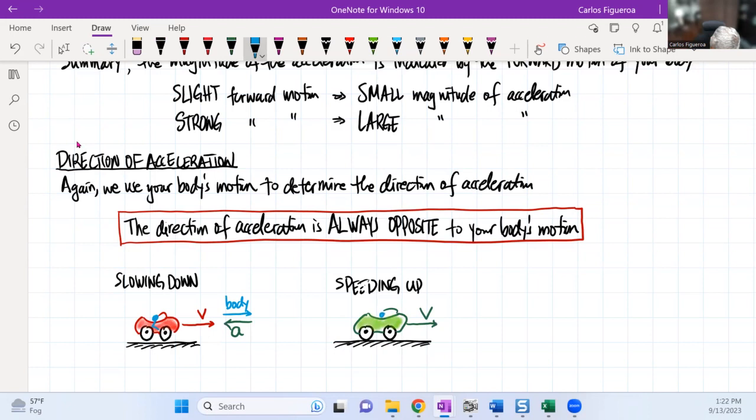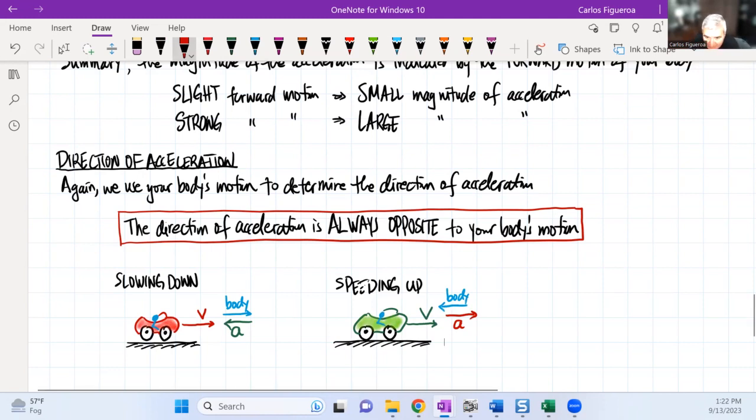So when I'm looking at the driver, the body's motion actually goes into the chair. Therefore, the acceleration must be in the forward direction here.